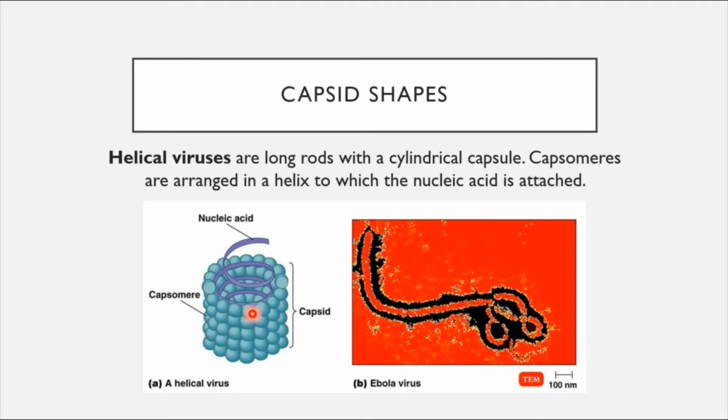So the structure of the capsid is made to match the structure of nucleic acid that is found inside of it. An example of a helical-shaped capsid virus is the Ebola virus, which you can see right here. Another example is the tobacco mosaic virus, which, although it is not a virus that is infectious for humans, infects a variety of plants. It was the first virus ever to be recognized, the tobacco mosaic virus.